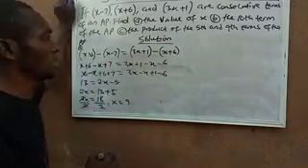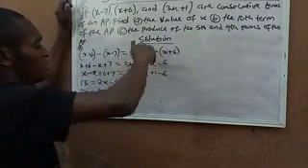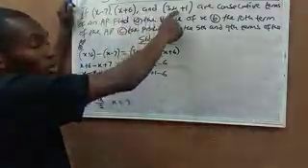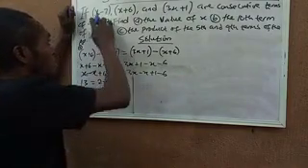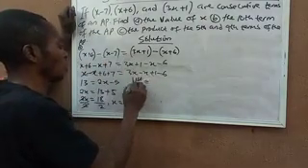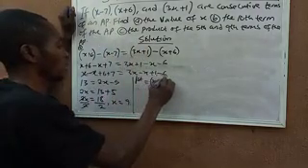Now let's go to B. Before we find the 10th term, we substitute the value of x into these terms so that we can have a proper AP. The first term is x minus 7.